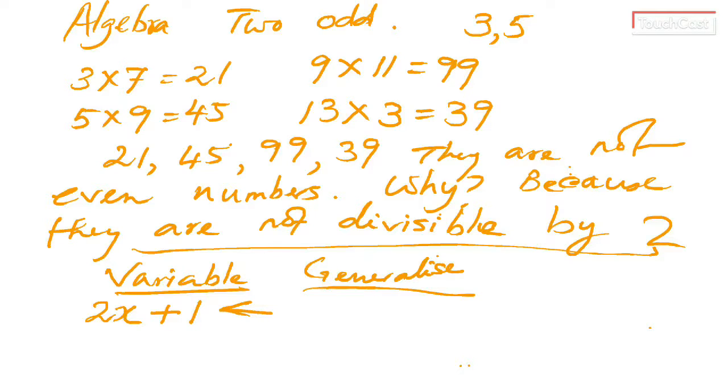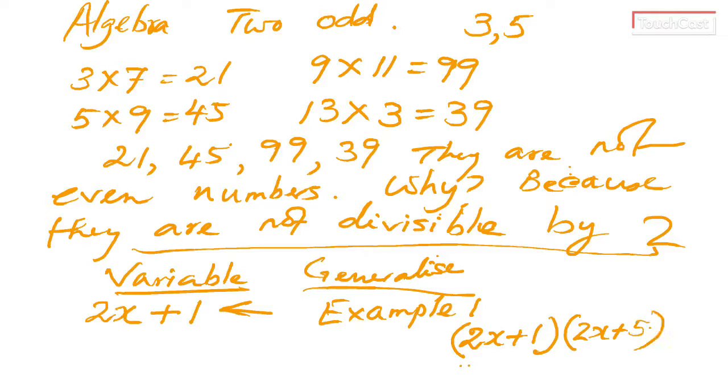So if I am looking at example 1, let's take 2x plus 1 as a factor, and let's take another factor as 2x plus 5. That will give you another odd number.